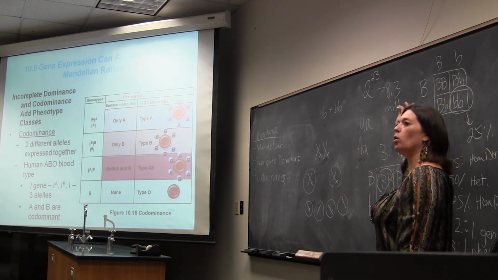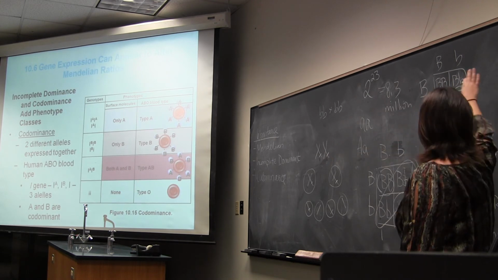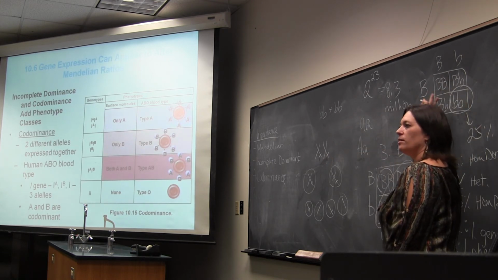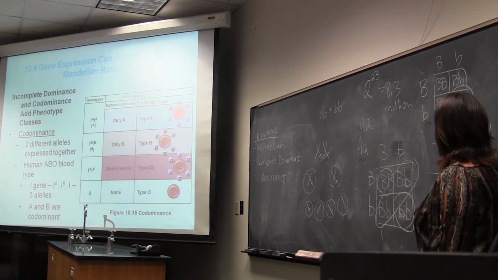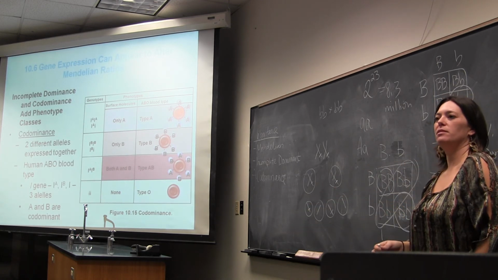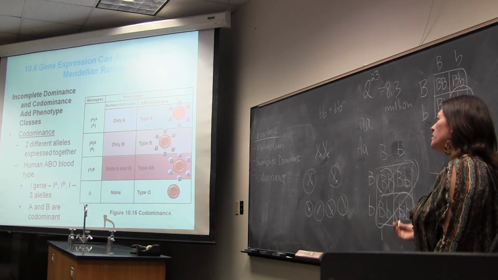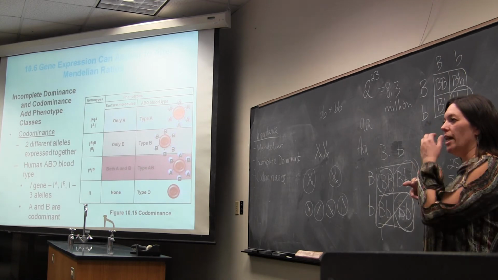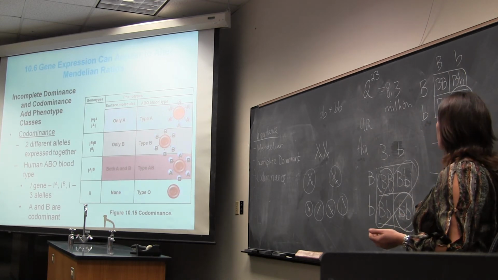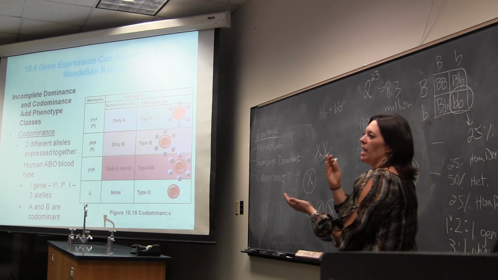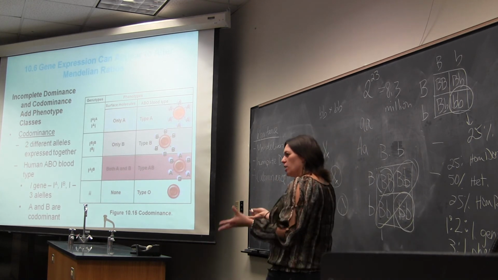So one allele is totally dominating the other. All the examples we did over here are complete dominance. Is that considered Mendelian? Yeah, it's part of Mendelian. In Mendelian inheritance, you're going to have one trait totally dominating the other, so we call that complete dominance.